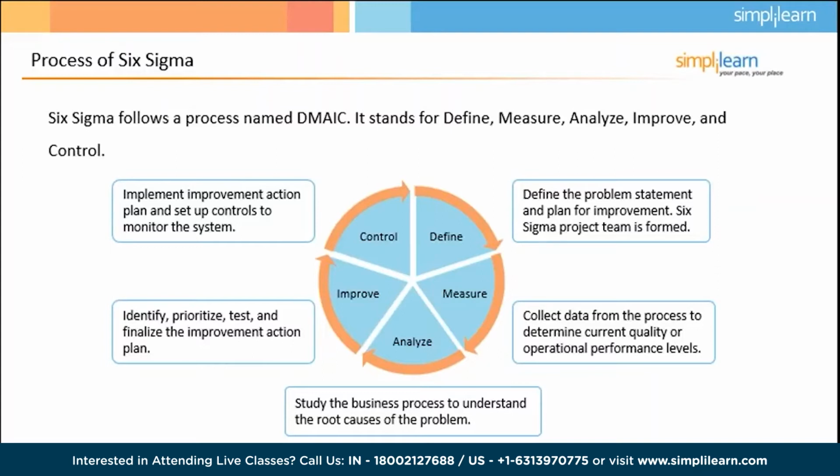We determine through the analyze phase which are the most critical elements of that process. Once we've done that, we can identify, prioritize, test the improvements, and we set up a control plan towards the end to make sure that going forward our improvements will be sustained.